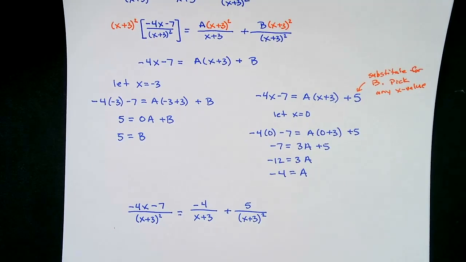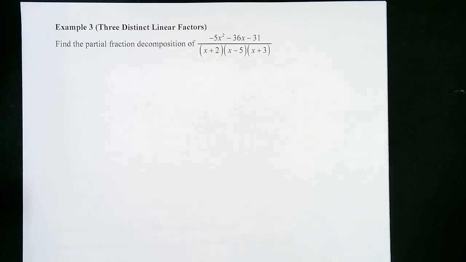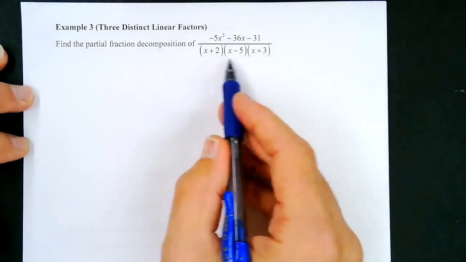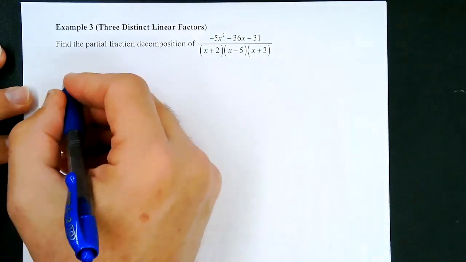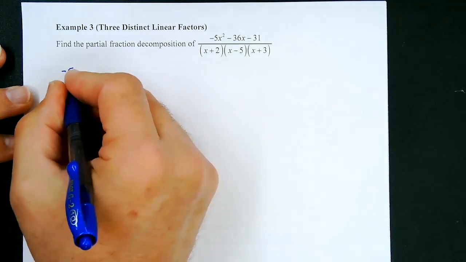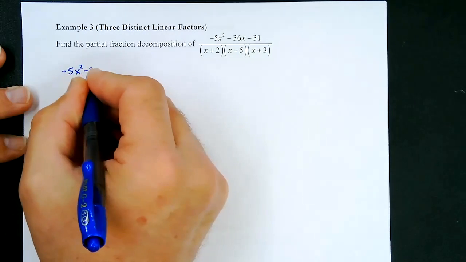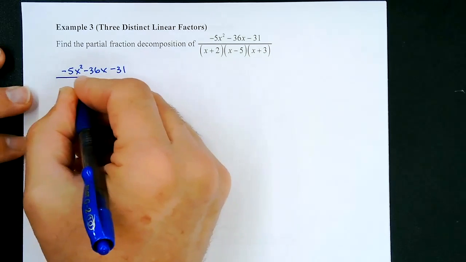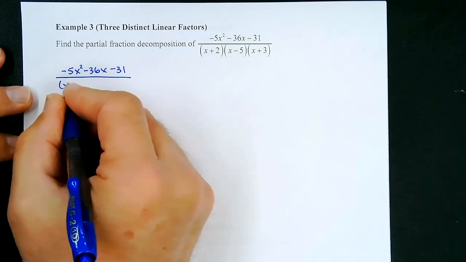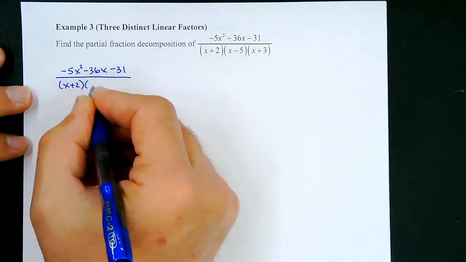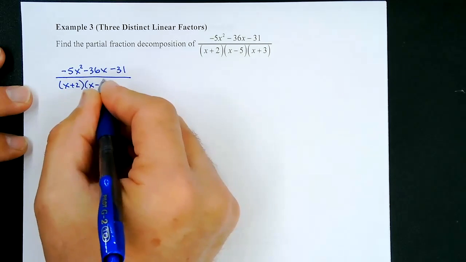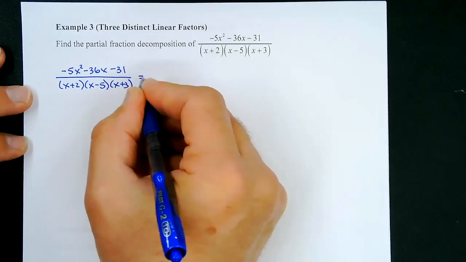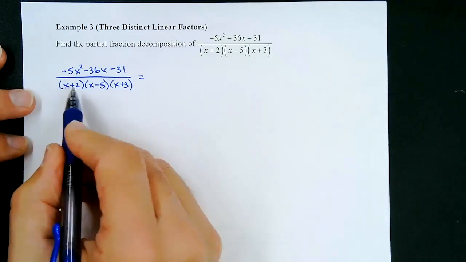Okay, next problem. So what if you have 3 distinct factors? This has already been factored for you, but you could rewrite this as -5x squared minus 36x minus 31 all over x plus 2 times x minus 5 times x plus 3 equals, and so we have only one of these each, right?